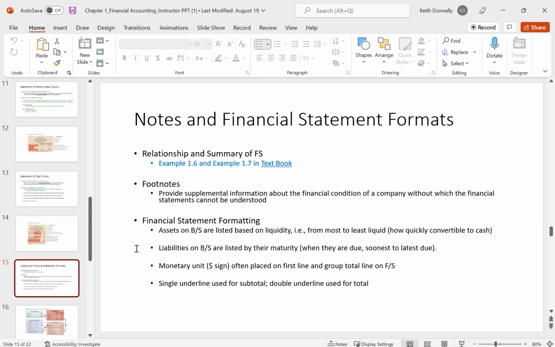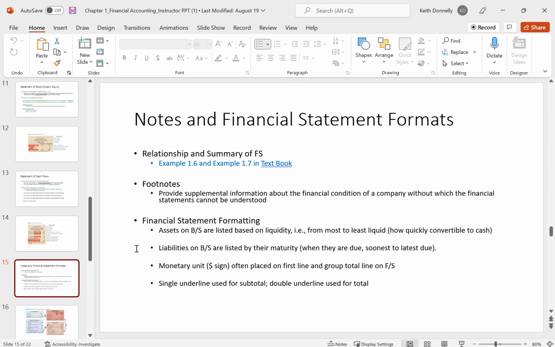Very similar idea with accounting with footnotes. They can talk about what assumptions we made, what rules we're following, how we calculated this given amount. When you look at the financial statements, all you see are the numbers. The footnotes give the details for how we got those numbers.